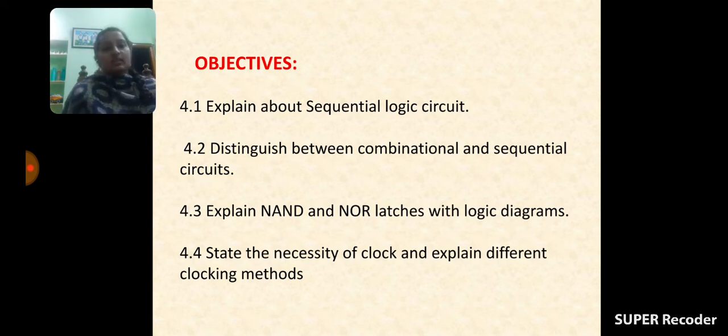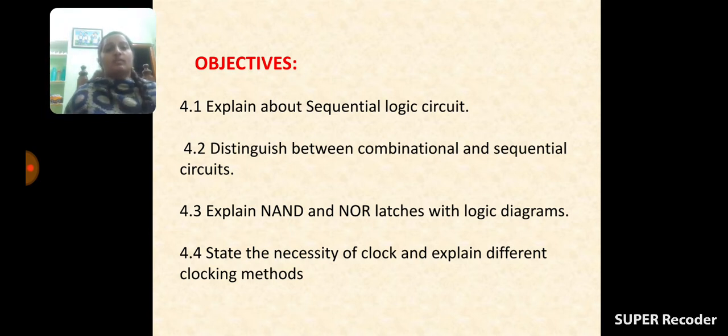Now, coming to today's topic, we are going to discuss sequential logic circuits. Till now we read about combinational logic circuits. What is the logic involved in a combinational logic circuit?